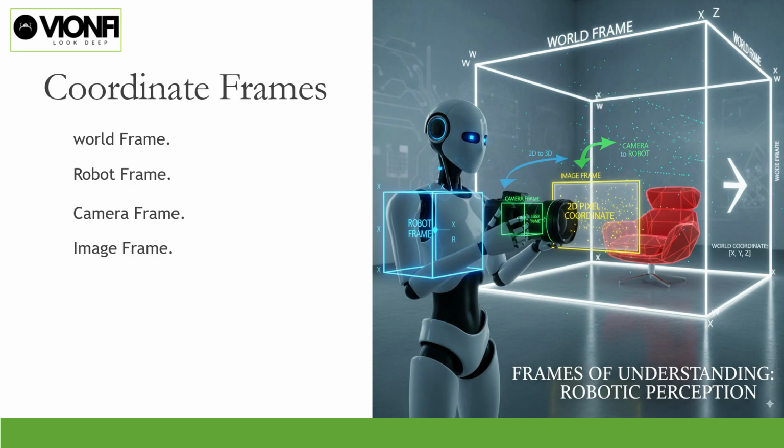which is the second frame. Now you have a camera on your hand, which is the camera frame, and the image you capture is the image frame. So now you take a picture of a chair in your home. How will you locate the chair by using just the image, connecting all these reference frames?